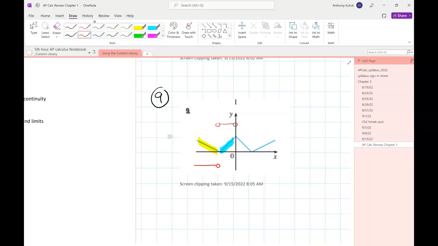I'll draw that section. So wait, why is there not an open circle on the left? Because at this value, the derivative fails to exist, so it needs to be undefined on both ends.